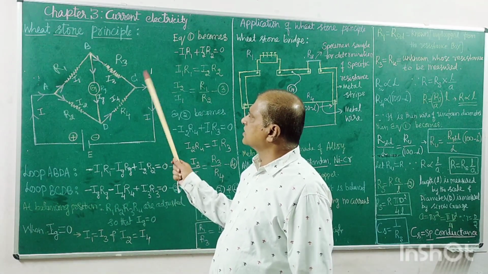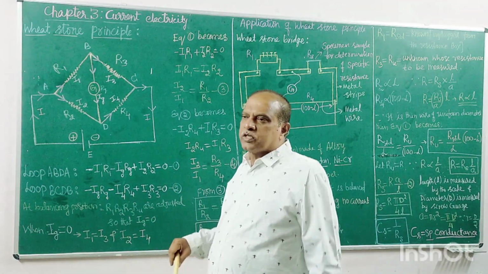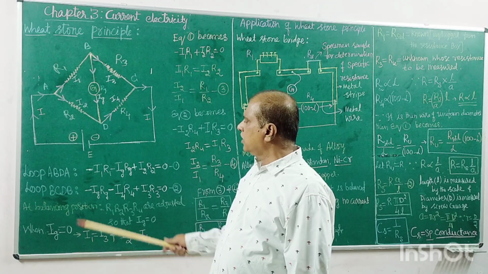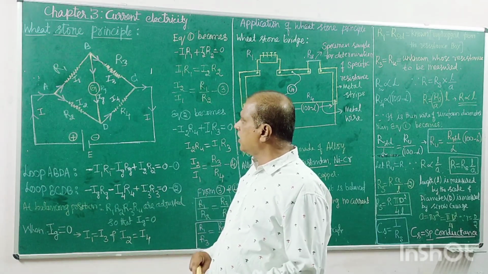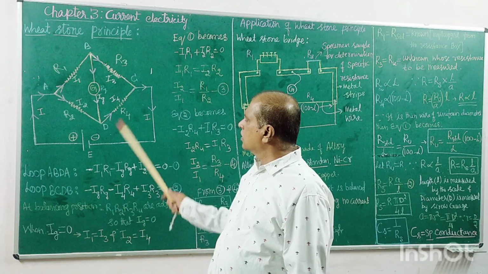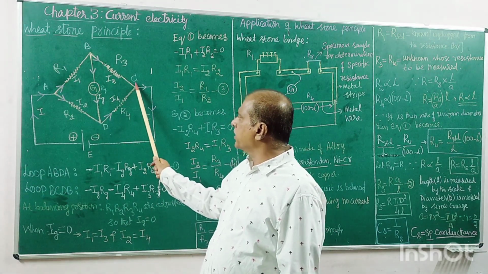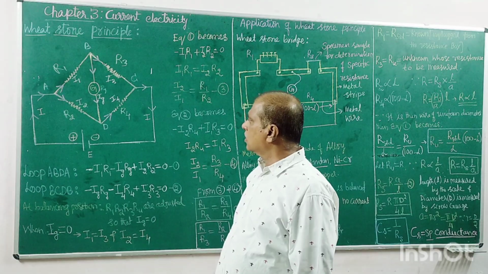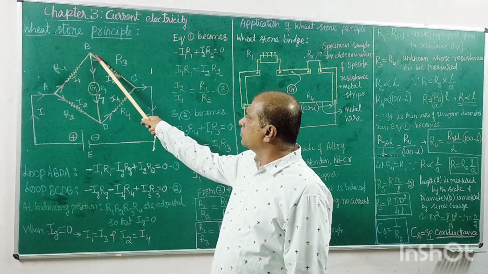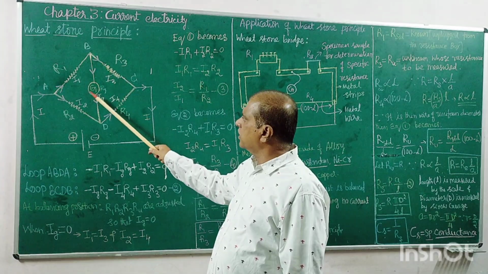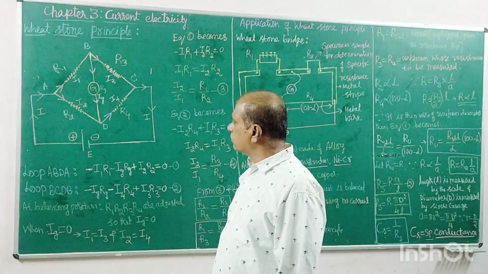And to this circuit, the voltage source is applied. The external EMF is applied across these 2 points, and the remaining 2 points are connected through the galvanometer. G stands for galvanometer.